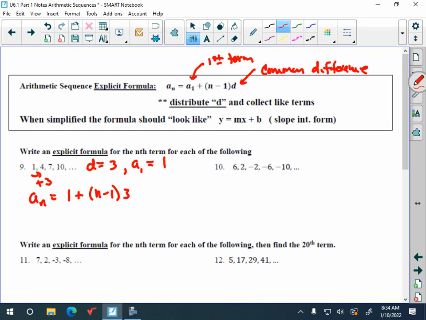Now we're going to distribute the d value into the parentheses and then collect like terms. So 1 plus 3n minus 3, that's just distributing the 3 in. Now we can collect like terms, so the first and last terms can be combined. So an equals 3n minus 2.